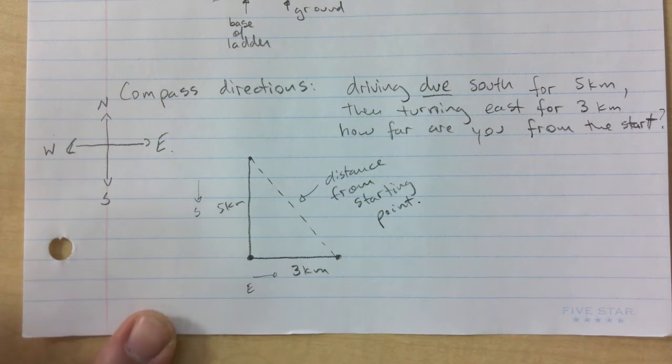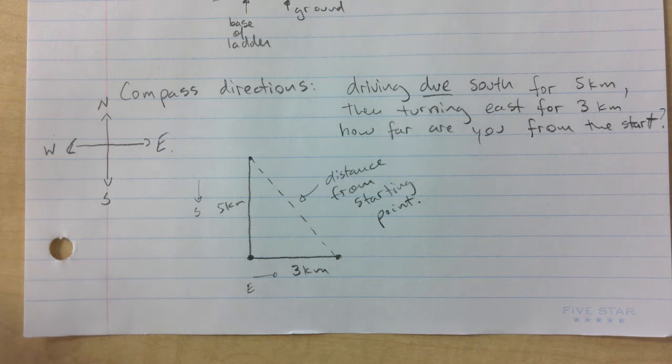You will not always be told to put this number here and that number there, but you have to always see the triangle and interpret which side they could be asking for. Well, obviously it's that diagonal in this case, because they give you the other two. So watch out for that.